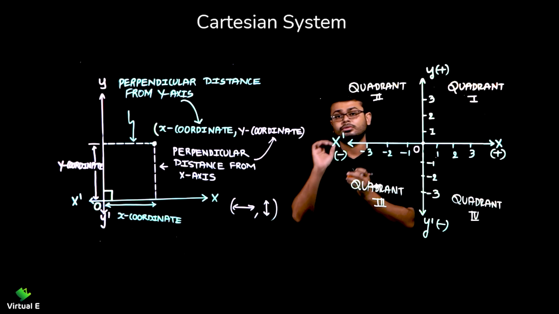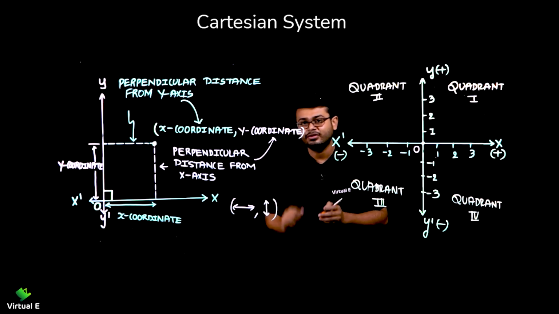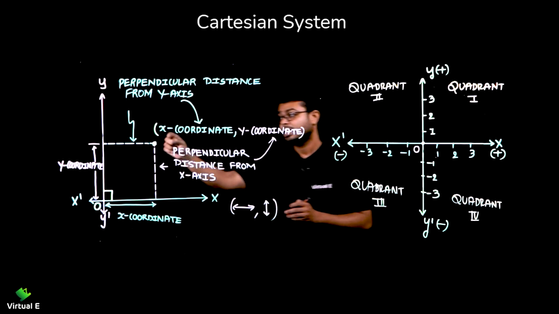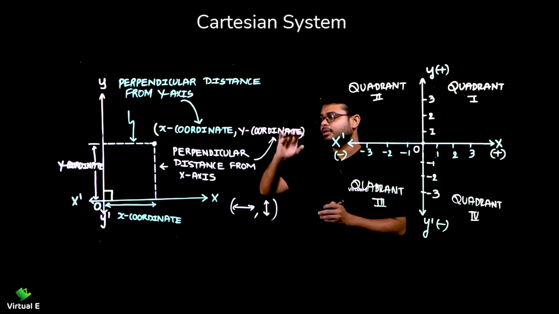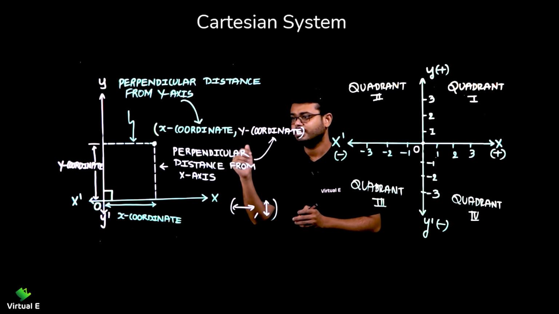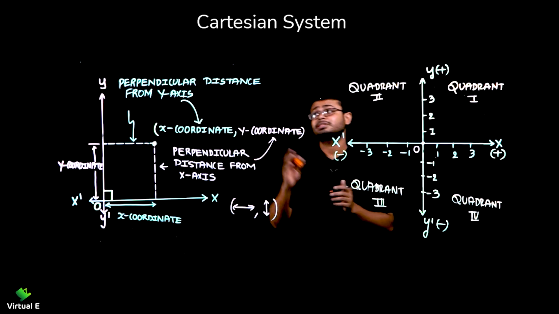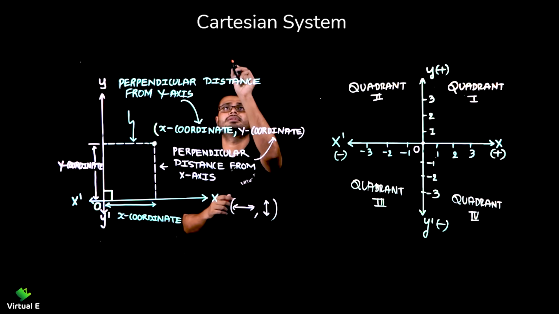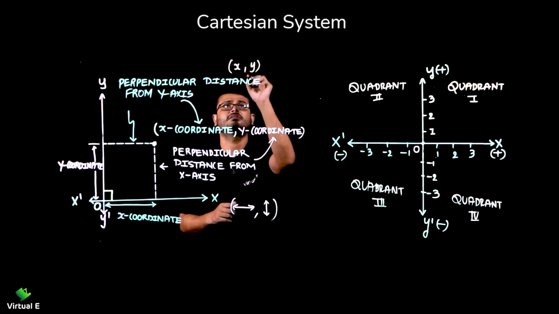Now we want to talk about the sign of the quadrant. Now see, in what way? I told you, for any point in the Cartesian system, you need 2 coordinates, that is x coordinate and y coordinate. It is like they always go hand in hand. Okay, x and y.